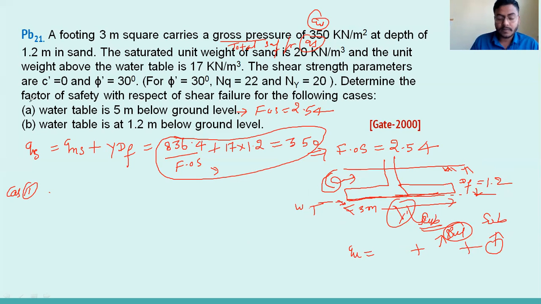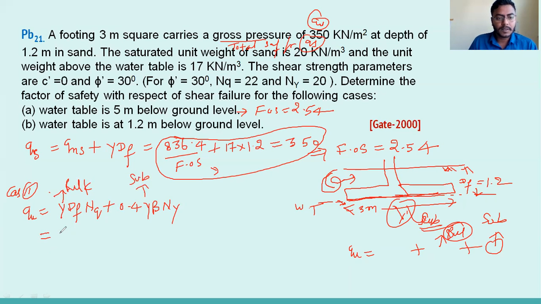So we can write the ultimate bearing capacity for this case. So what expression do we have? Second, gamma DF and q plus 0.4, this was the square footing, gamma B and gamma. So here gamma will be in bulk condition, and this gamma will be in submerged condition. So 17 into 1.2 into NQ is 22, plus 0.4 into this gamma in submerged condition.